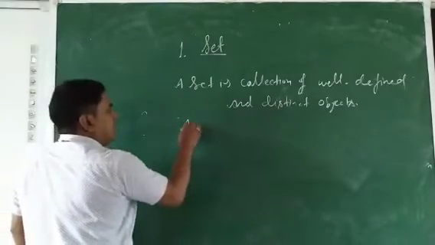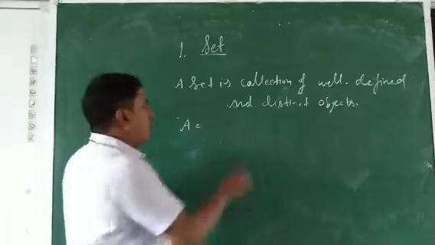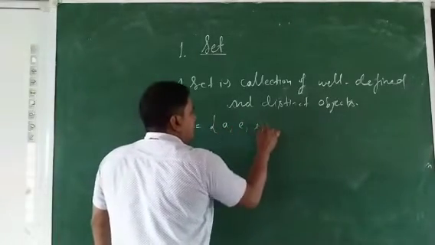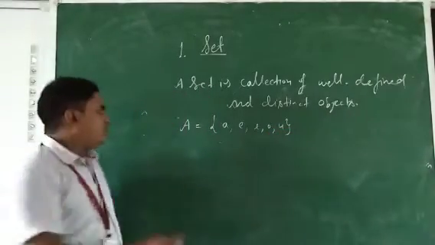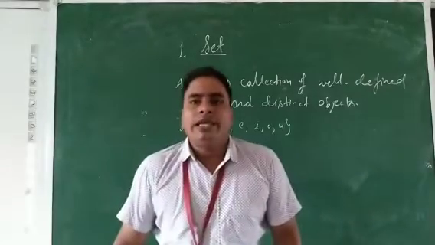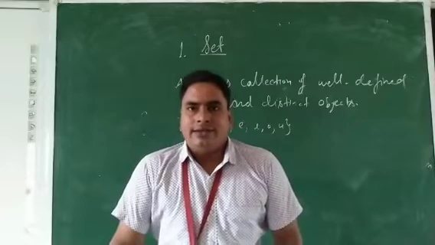For example, set of vowels: {A, E, I, O, U}. Clear? Suppose you want to write one more example. Set of even numbers less than 10.